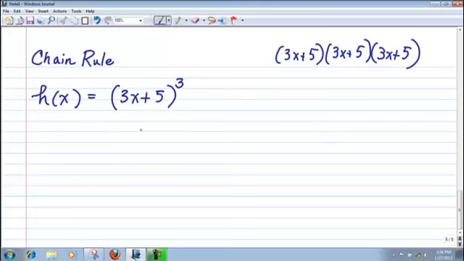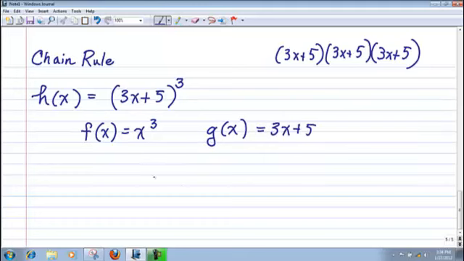Instead, I'm going to look at h of x as the composition of two functions. So if I look at h of x as the composition of the function f of x, which is x cubed, and g of x, which is 3x + 5, it's much easier to take the derivative. I see f of x in this case as my outside function, and I see g of x as my inside function.